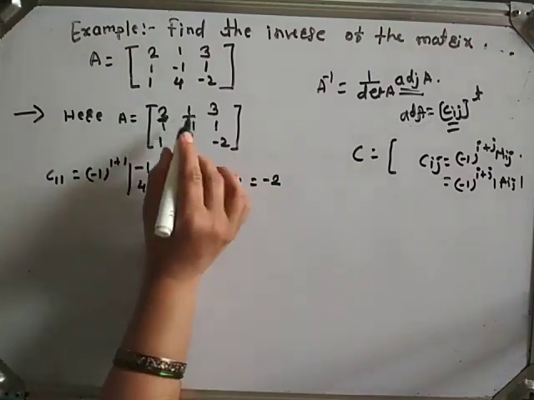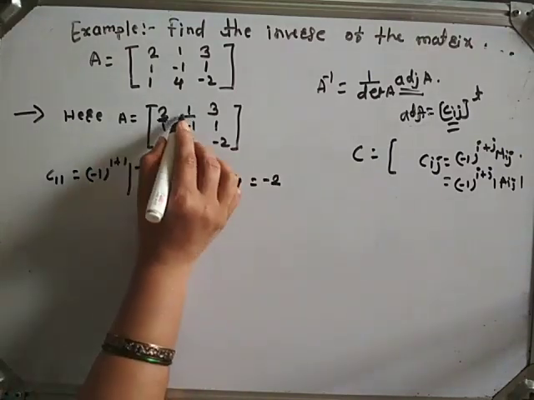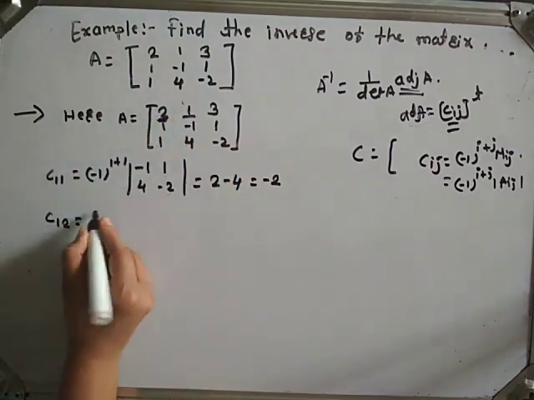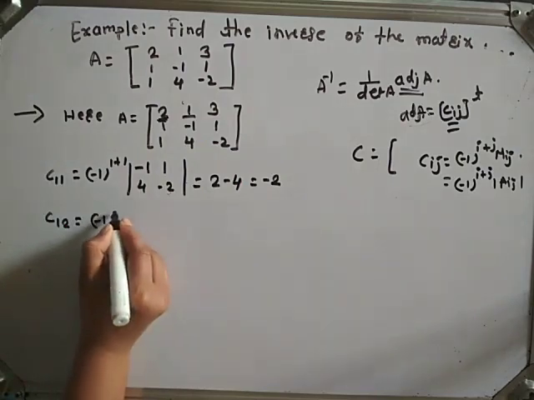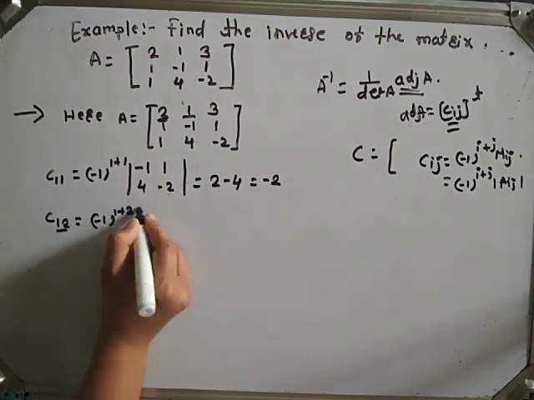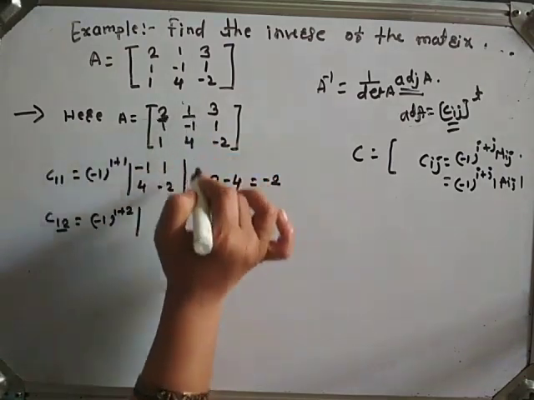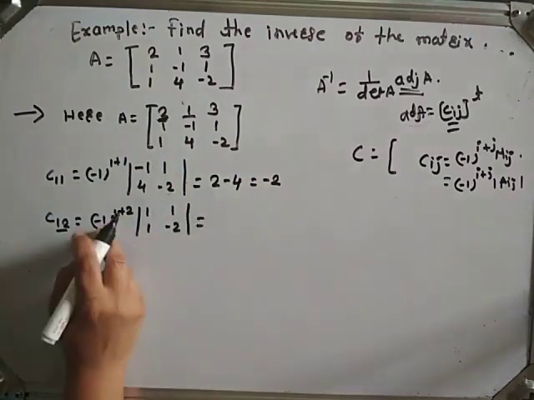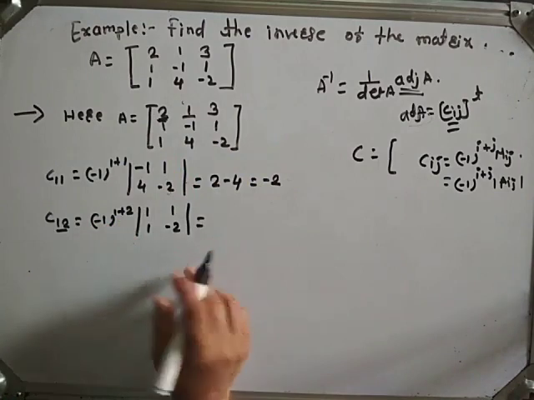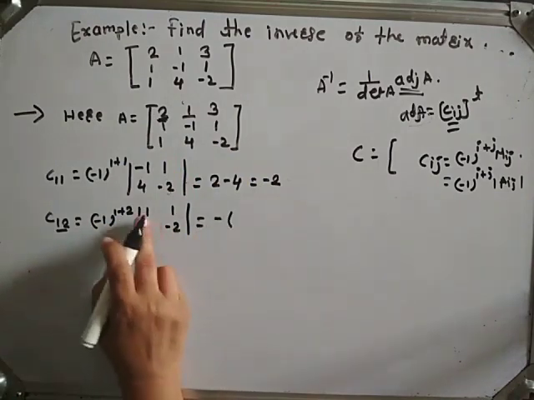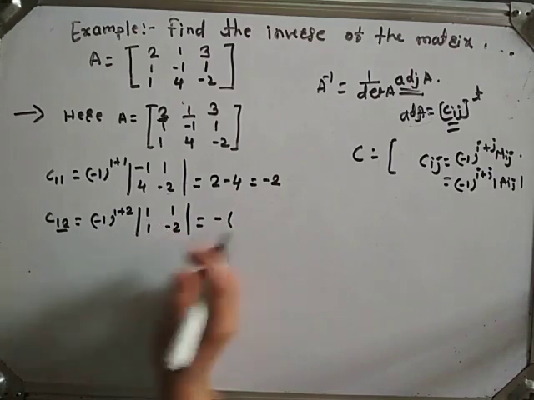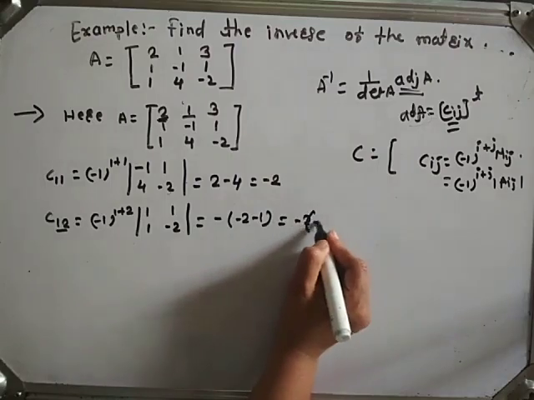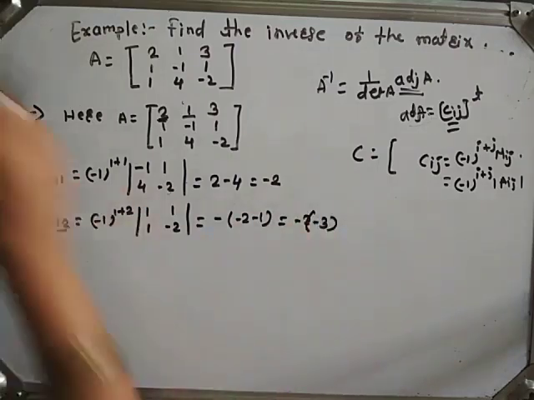Now find the cofactor corresponding to 1. This entry is A12. So C12 equals minus 1 raised to 1 plus 2 into the determinant of, deleting first row and second column, 1 1, 1 minus 2. Minus 1 raised to 3 is minus, into minus 2 minus 1, which is minus 3, which equals plus 3.